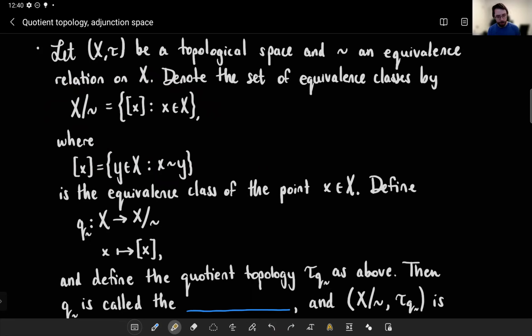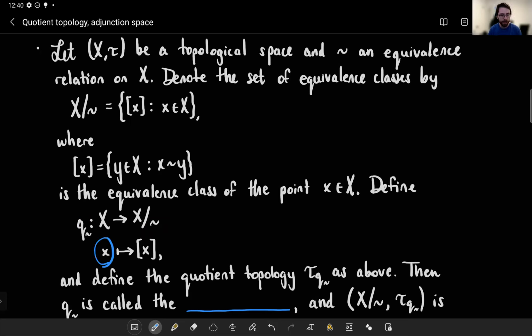The way we introduce topology to it is we define a function. So this function we'll call Q sub tilde. The sub tilde meaning it's dependent on the equivalence relation you define. And Q because it's going to be a quotient map. And you just do the natural thing.